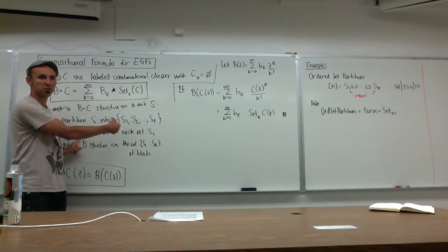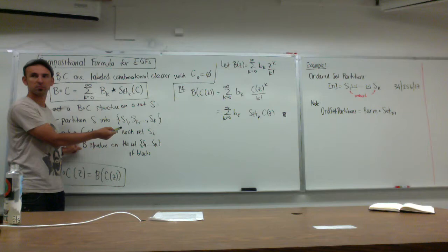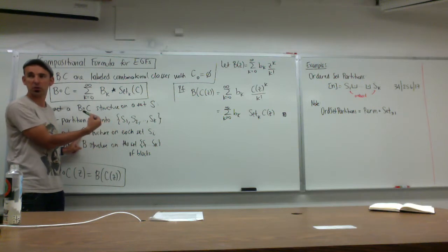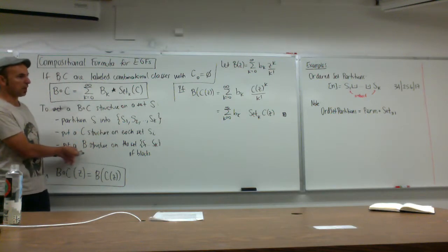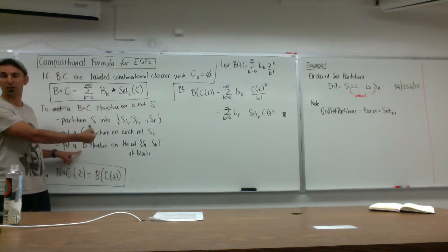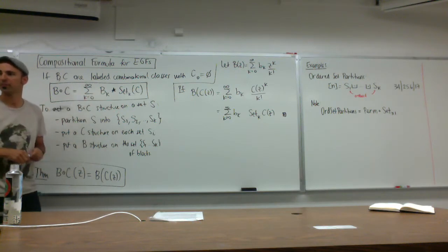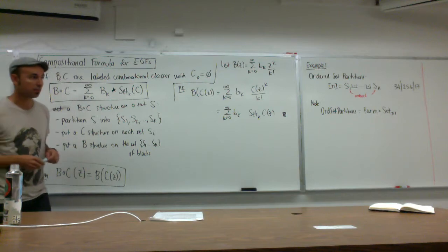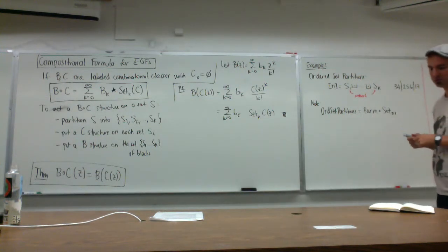But putting a C structure is not doing anything unless the set is size 0, in which case you delete it. So in other words, I'm ensuring that I don't have empty parts in my partition. And then I'm putting a perm structure on the blocks, so I'm just choosing a permutation in which to list them. So it's just that.